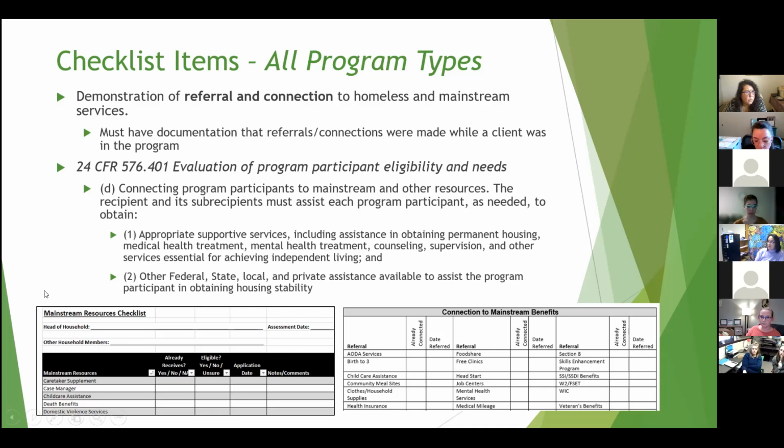But also keep in mind, this isn't just the official mainstream sources. This is also community resources. So, did you refer them to a food pantry, or to another agency program, or energy assistance, or anything that you could have provided the client with information on? This is what should be indicated.